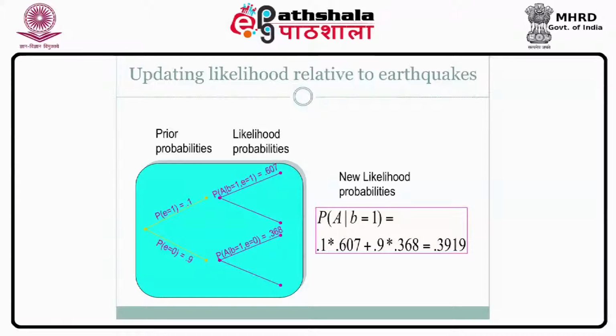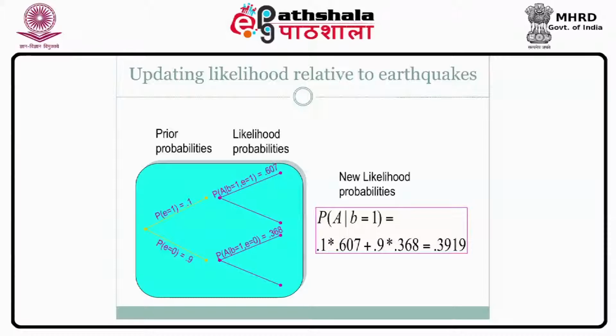And what we see here is what we have done in words, essentially represented graphically. So you have the probability B equals 1 is 0.1, the chance that burglary occurs, and then you have computed the likelihood 0.3919, the chance that alarm rings given burglary occurs.